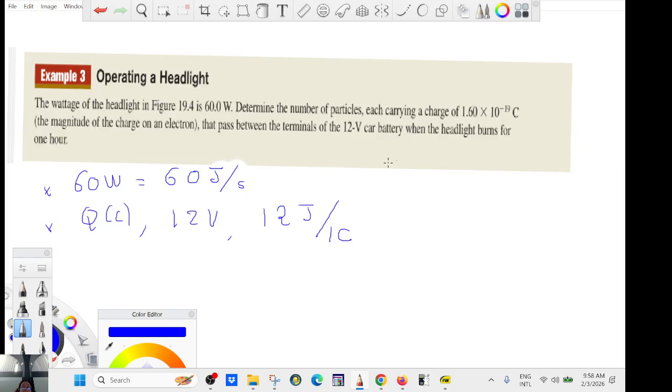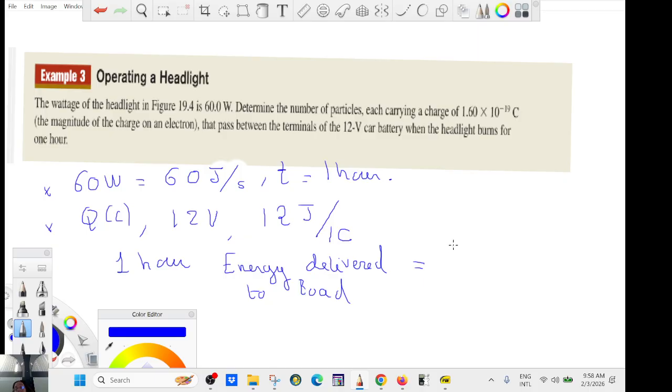And the time is 1 hour. So in 1 hour, the energy delivered to the load, load means it's consuming energy, will be 60 times 3600 joules.